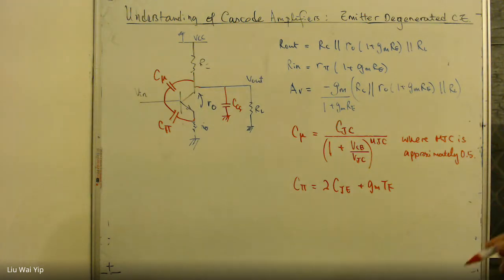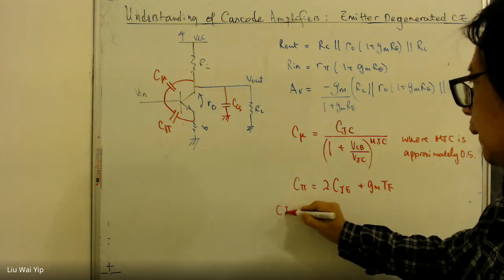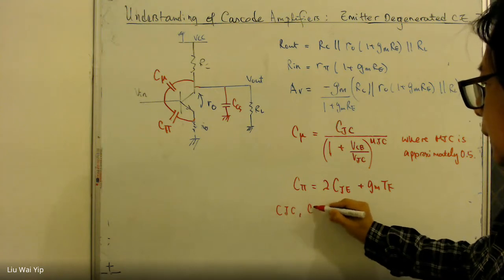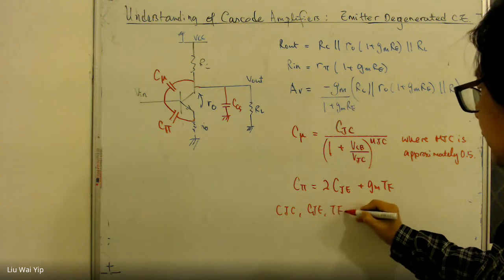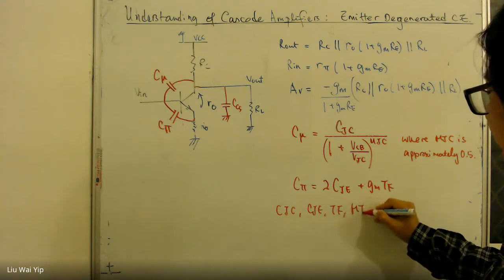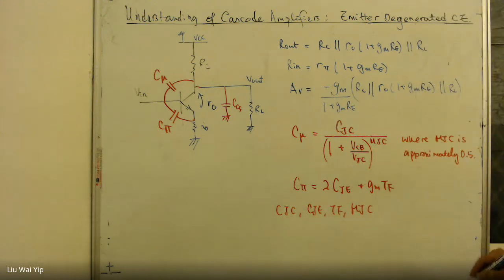And fortunately, CJC, CJE, TF, and MJC are all SPICE parameters.